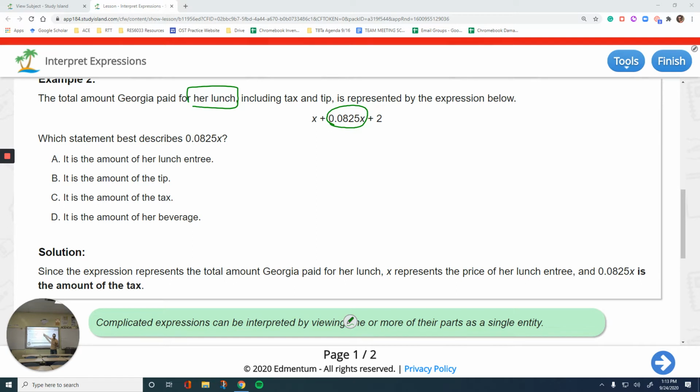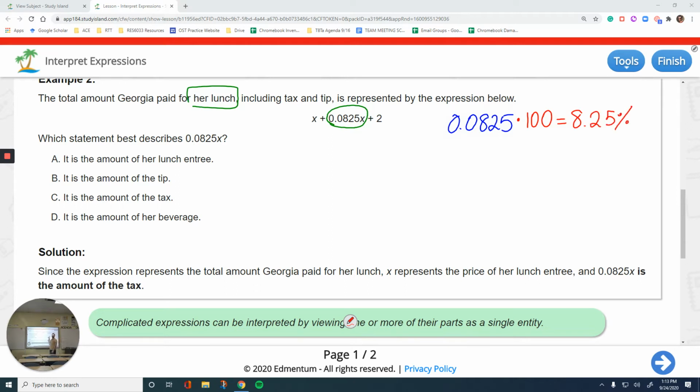This looks like 8.25%. And here is how you can make that conversion. If you have a decimal and you're going to convert it to a percentage, all you have to do is multiply it by 100. 0.0825, and then if you grab a calculator and multiply this by 100, it's going to turn into a percent value, which is going to be 8.25%.